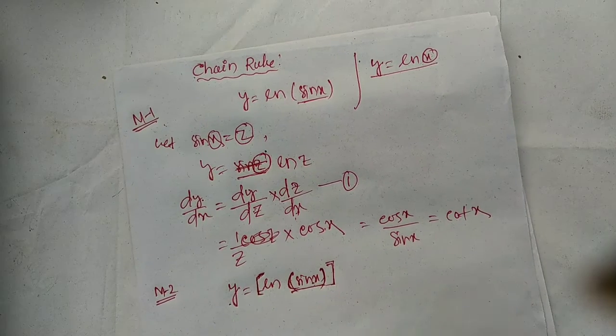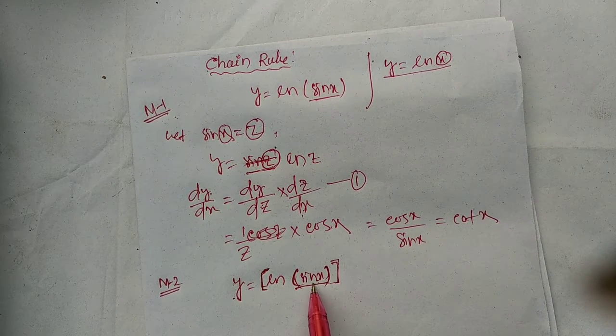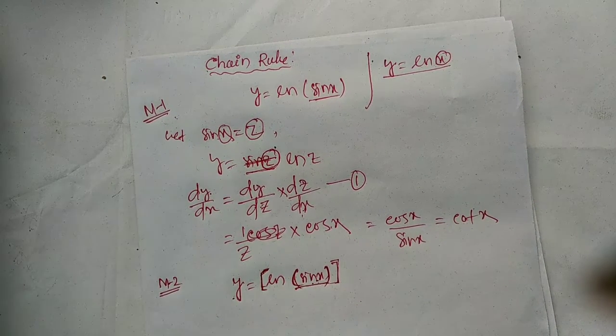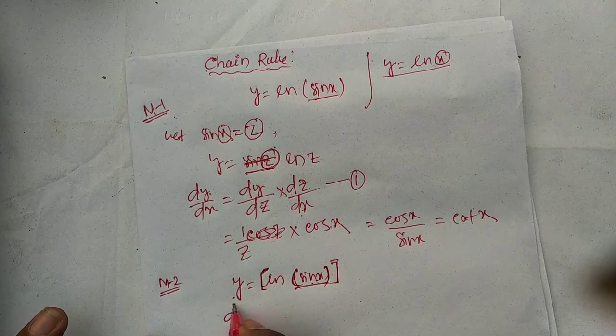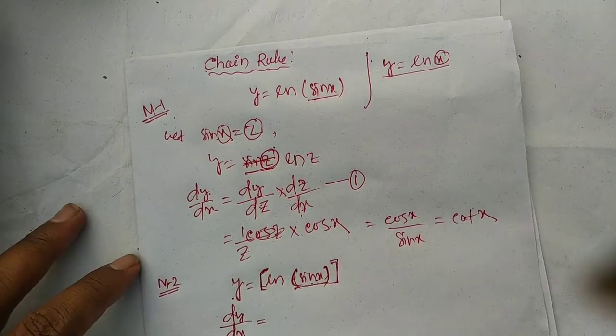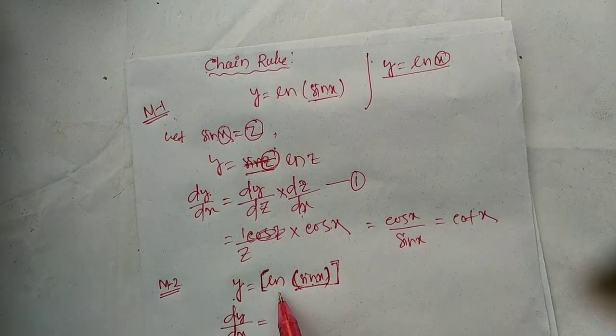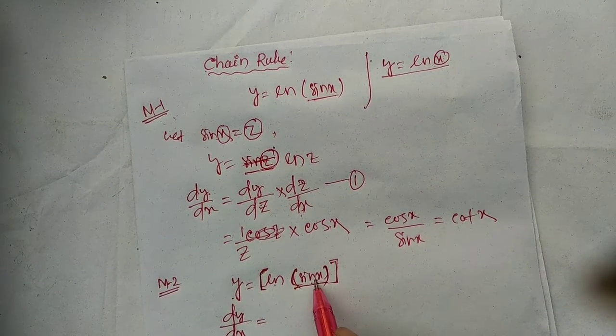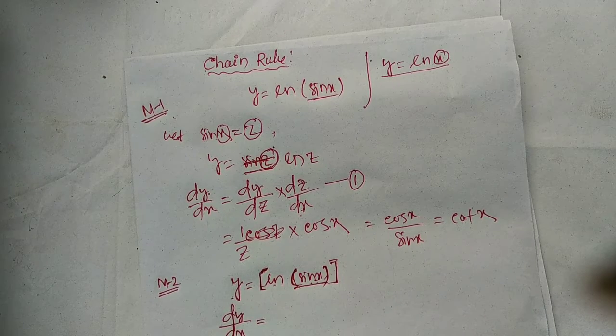That means we have to differentiate ln sin x with respect to sin x, and again differentiate the small bracket with respect to x. So directly we can write dy by dx will be, when we differentiate the large bracket with respect to the small bracket, that means ln sin x with respect to sin x.